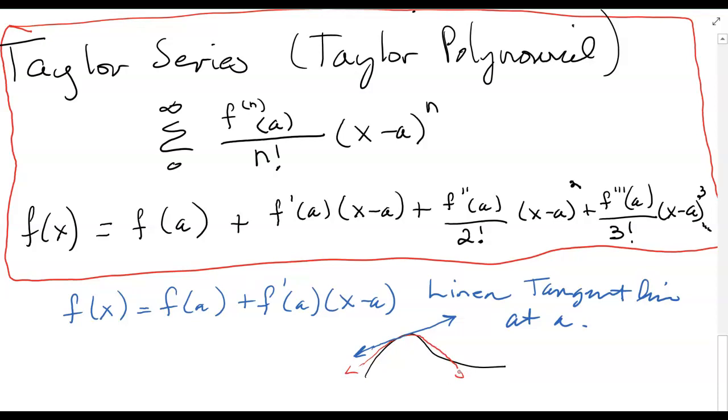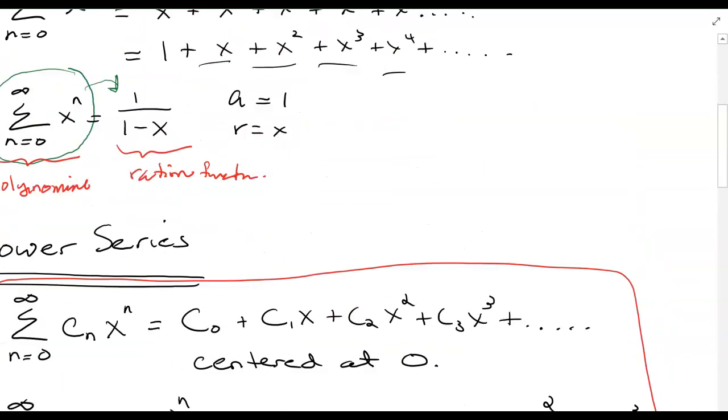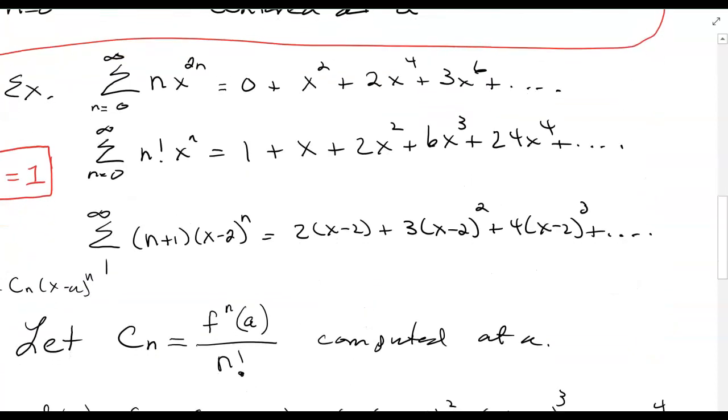Your polynomial expansion is going to start to match your function. And that's what we're going to get into in the next video. So I said we're going to do three series. So far we looked at the power series. We saw what a power series looks like when expanded centered at 0. We saw the equation centered at a.